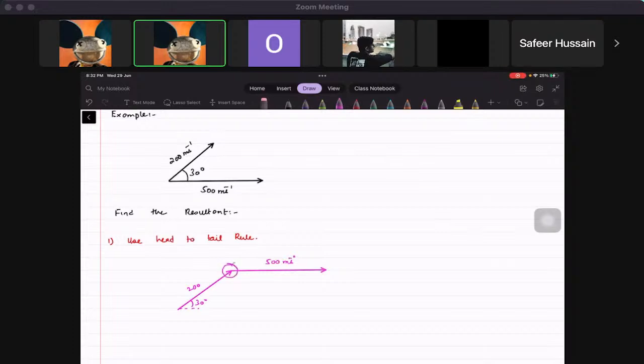Now, the same thing, you just draw your resultant like this, and that would be your resultant here. Now what you do? If 30 degrees was here, then I could say that the alternate angle is also 30 degrees here. Do you guys agree?